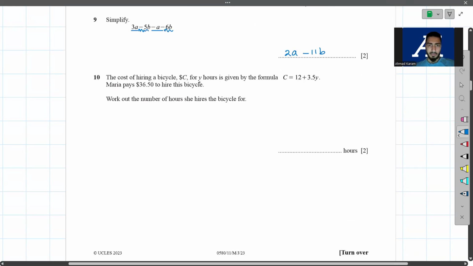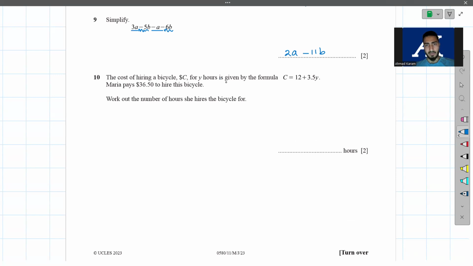The cost of hiring a bicycle is C dollars for Y hours, given by this formula. So it's 12 constant and 3.5 for each hour.